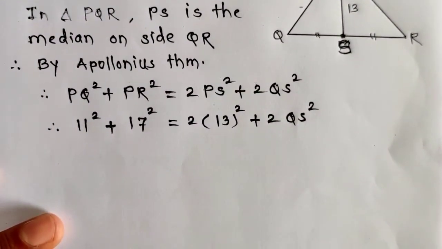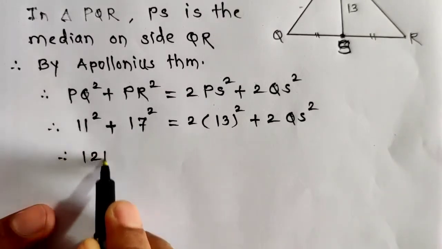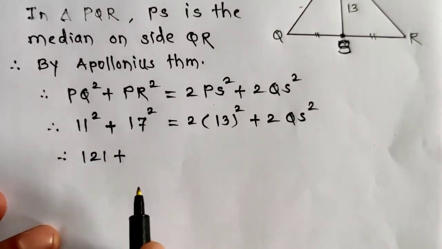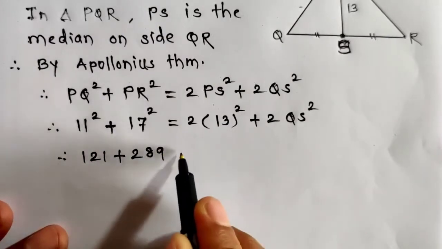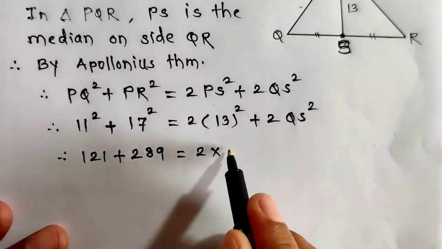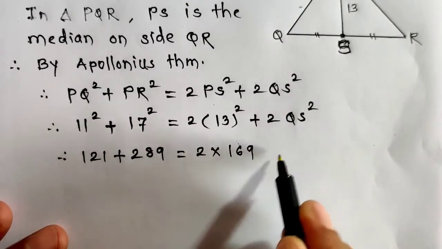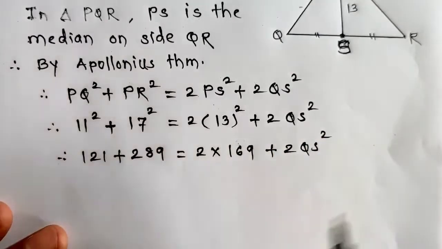Now simplify. 11 square is 121 plus 17 square is 289 is equal to 2 multiplied by 169 plus 2QS square.